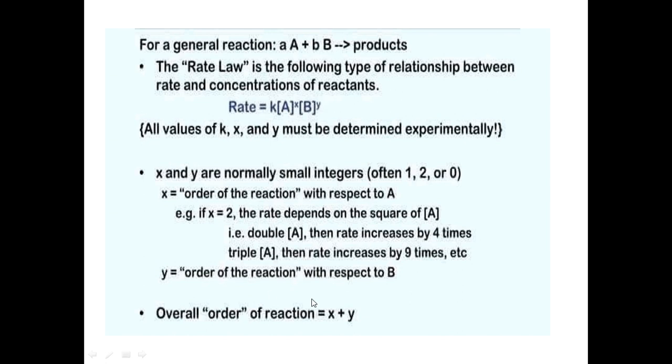So by expression, the overall order of a reaction is given by X plus Y. If X is 1 and Y is also 1, then the order of this reaction becomes 2, because it's 1 plus 1.